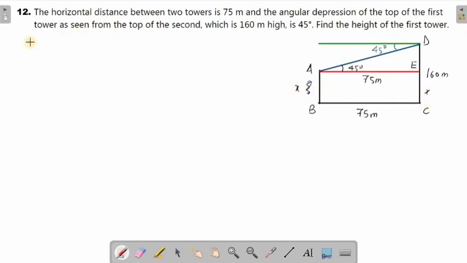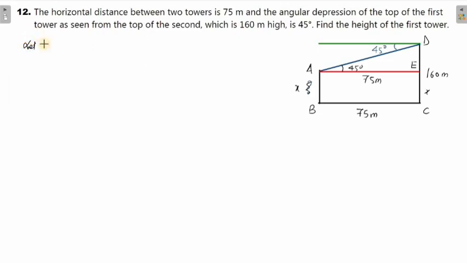So let the height of the first tower be x meter. Therefore, from the diagram we have AB equals EC equals x meter.